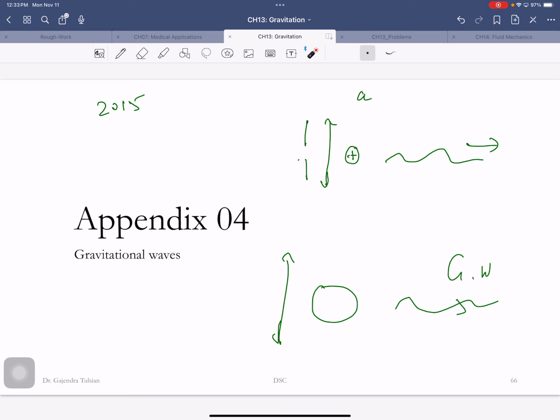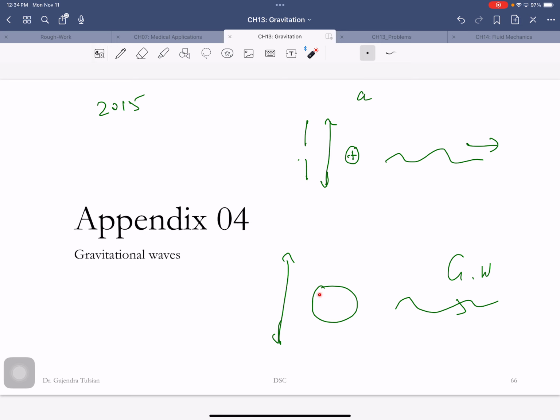Now, if you want to emit gravitational waves, you have to do the same thing. Instead of a charged particle, what you need is just a mass. Take a mass and make it accelerate, and you'll emit gravitational waves. The only problem is the following.